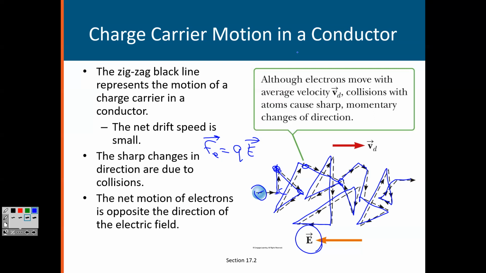That's why we call it drift speed. The net drift speed is small. Even when you connect it to an electric field by connecting a battery, the charges will be moving with a slow speed, but they will be moving. They lose energy along the way and give the energy to the circuit elements. Then we have some useful energy utilizing that energy.